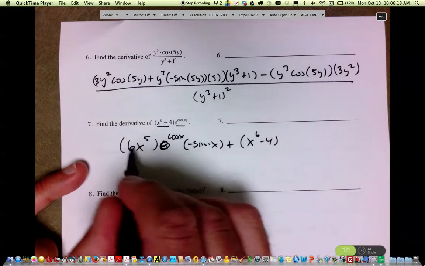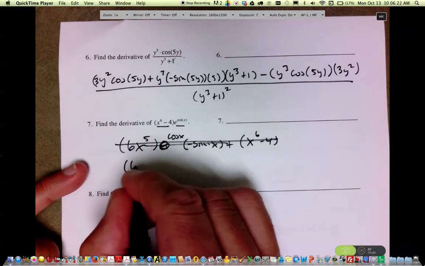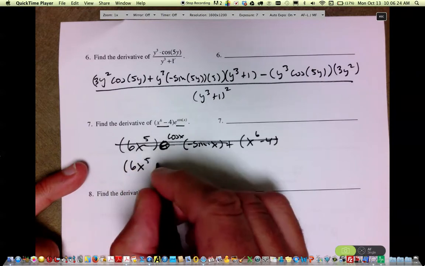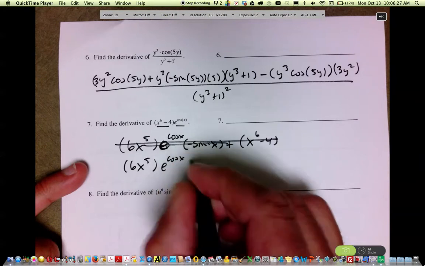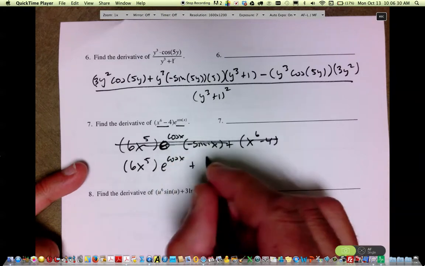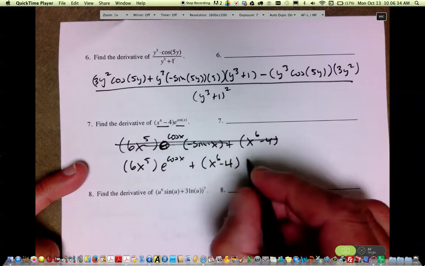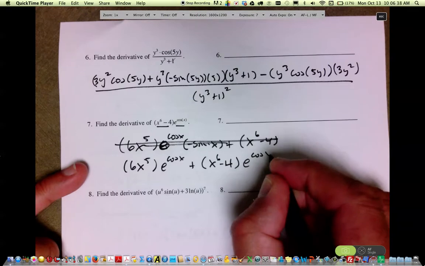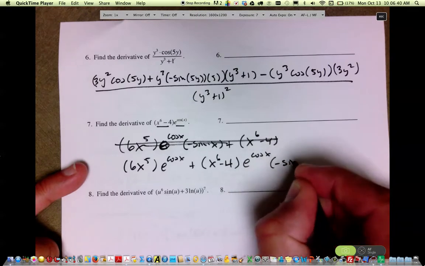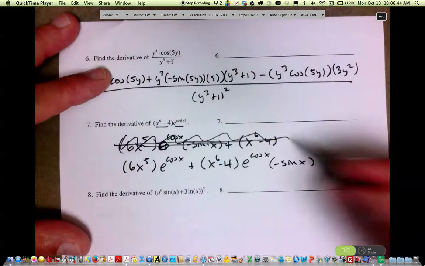Oops, I messed that up, didn't I? Sorry. First function, derivative 6x to the fifth. Multiply that by the second function, e to the cosine of x. Then I add the first function, x to the sixth minus 4, times the derivative of e to the cosine of x, which is e to the cosine of x times negative sine of x.